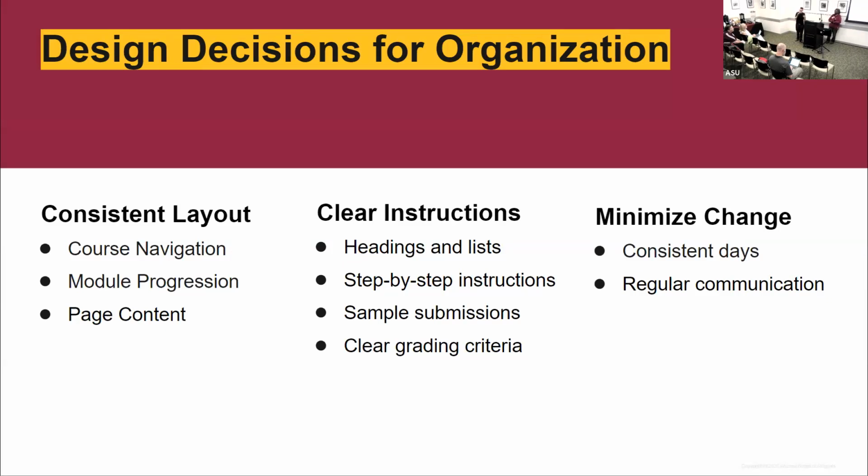I want to reiterate, and we've heard this numerous times, what works for one student with a disability may not work for another student with the same disability, right? So when we're looking at these design decisions, think of them as: these are the options that I have.